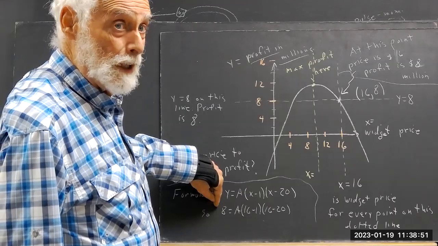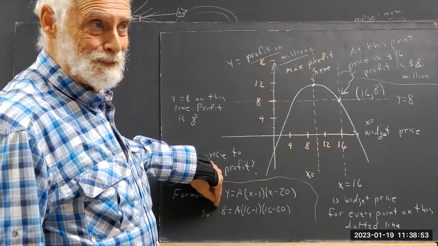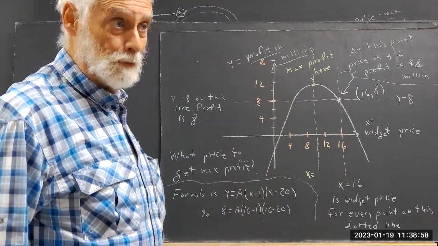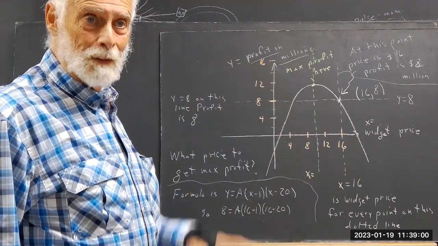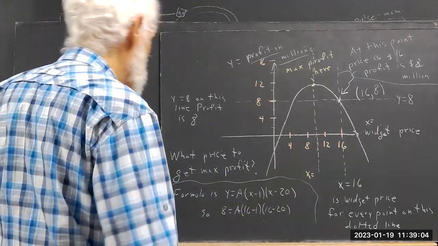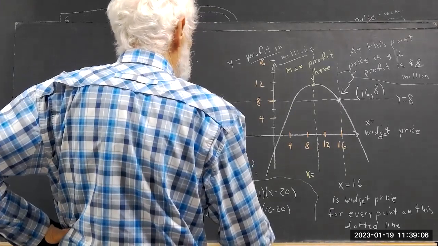Okay, I'm not going to ask you to do this. Not yet. So I'm going to go through it kind of fast. I'm just giving you a preview of what we're going to go over in the next month. Okay, so 8 equals this.